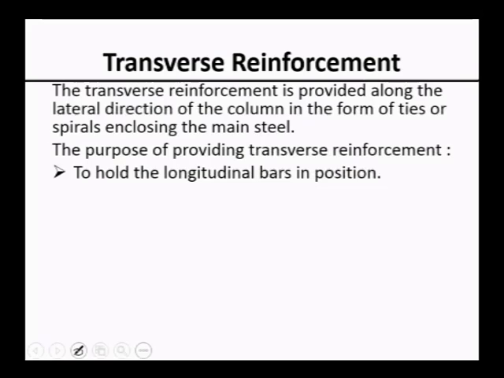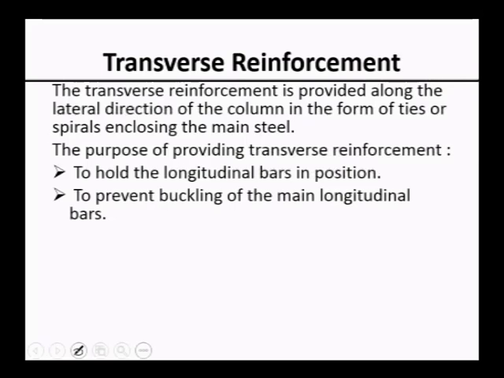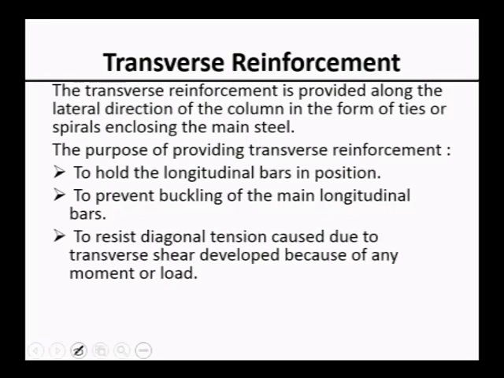Provision of cover is possible only after providing the lateral ties. And then to prevent the buckling of main longitudinal bars, we need the transverse reinforcement. To resist diagonal tension caused by transverse shear developed because of any movement.